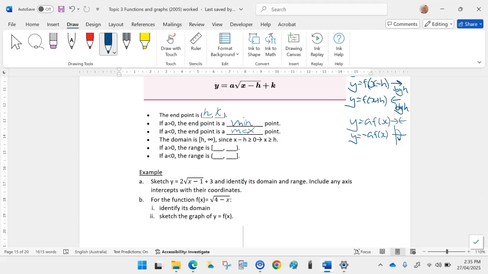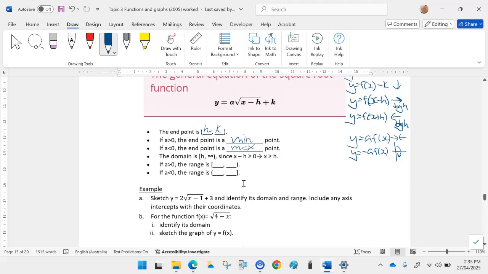And we know that because if I was to take the function y is equal to a times the square root of x minus h, plus k, we know that for the square root of x minus h, you can't have a negative value. You can't find the square root of a negative value. So x minus h must be greater than or equal to 0.